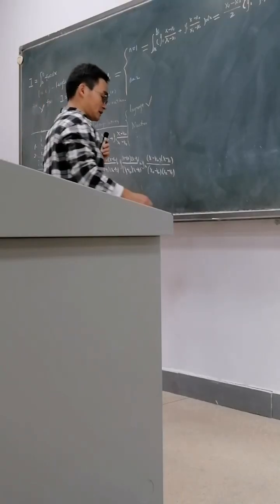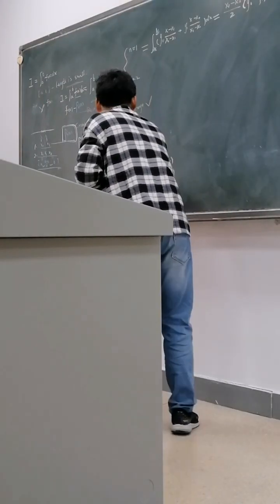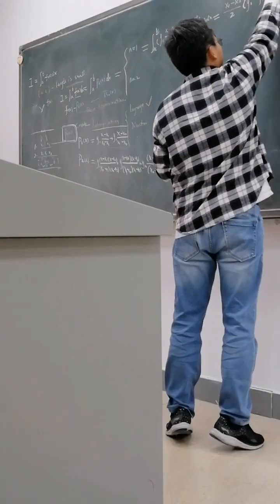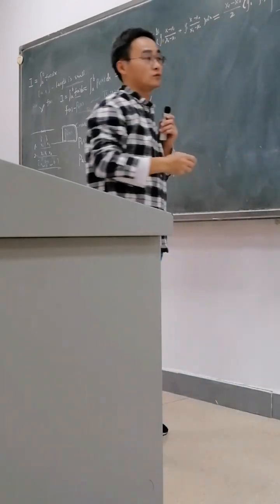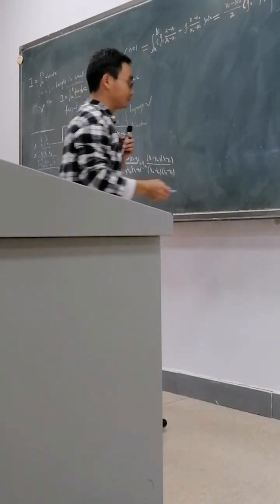So we will get this kind of formula, and this formula we call the trapezoid rule.